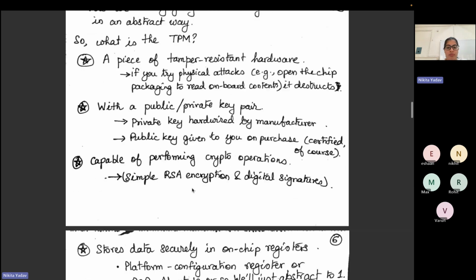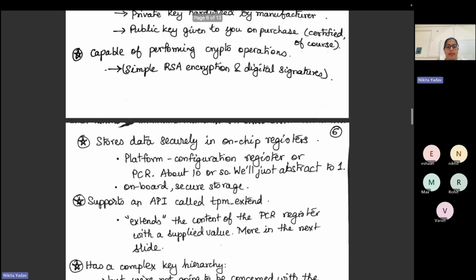So now the TPM hardware is capable of performing cryptographic operations such as encryption and digital signatures using the private key. Along with that, it also has secure storage, on the hardware and on board inside it, and it has some on-chip registers also. The chip for the TPM has secure storage and registers which are not accessible from any other component.